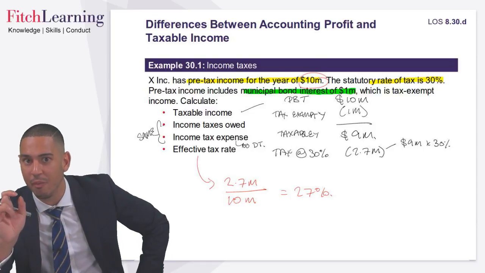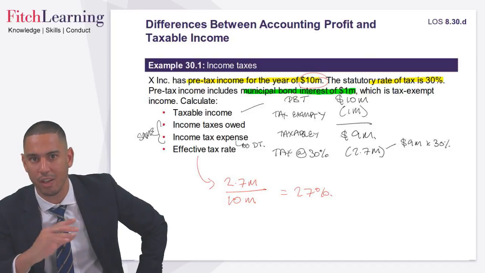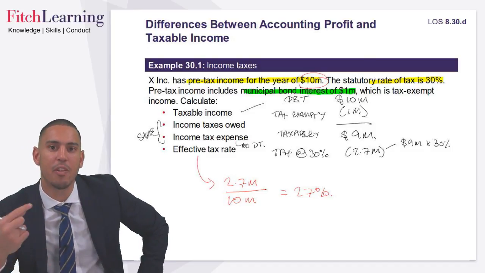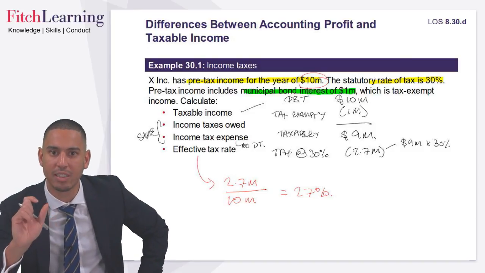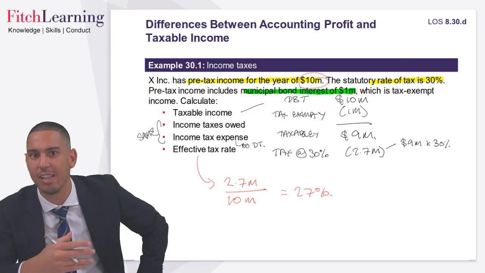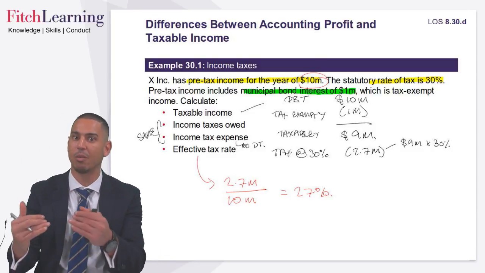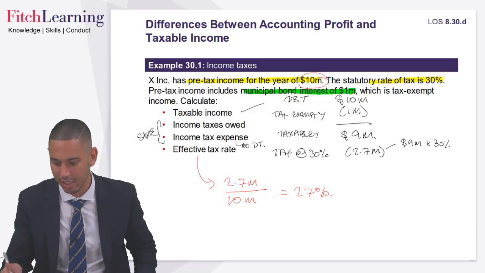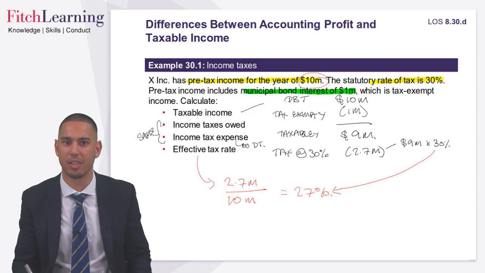So 1/10 of that 10 million is going to have no tax whatsoever. Instead of paying a 30% rate of tax, which is my statutory rate, 1/10 of that is going to have 0 tax whatsoever. And therefore my effective tax rate is going to be down by that 10%. It's dropped by 10% down to 27%.